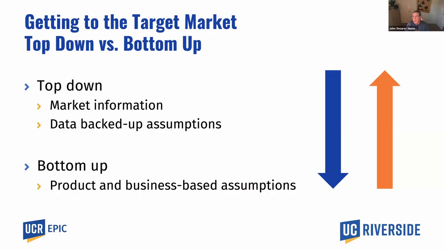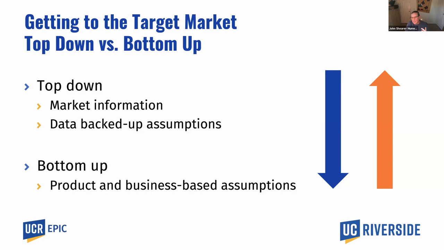And it's getting a lot easier to do with AI, and I'll bring it up at the end. This is primarily secondary research, augmented by your primary, looking at a top-down approach, and it's the data that backs up the assumption.